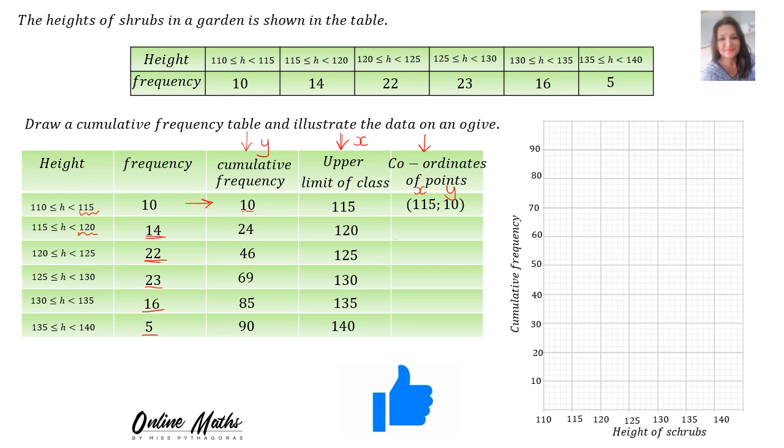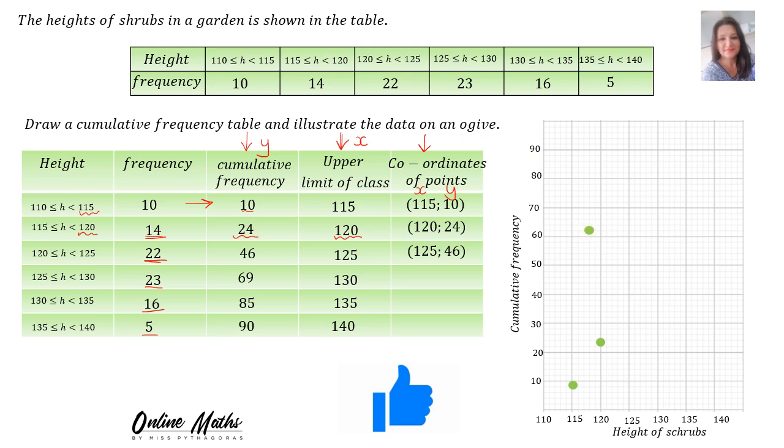So there I sketched it for you, 115 and 10. The next coordinate will be 120 for the x and the cumulative frequency for the y, 120 and 24. The next coordinate is the upper limit of the class for the x, 125 and 46.